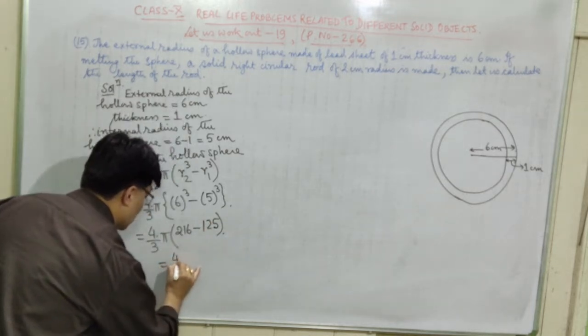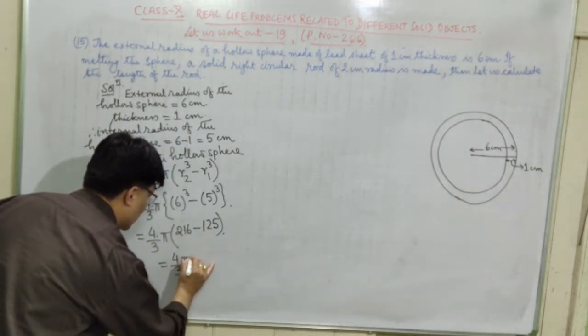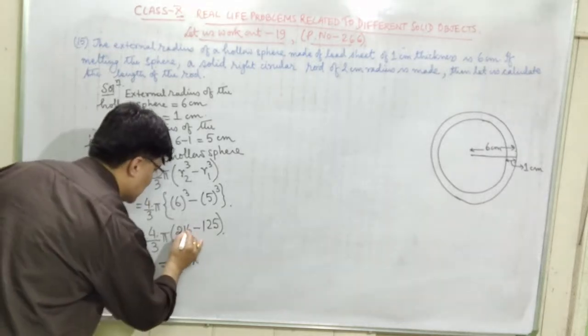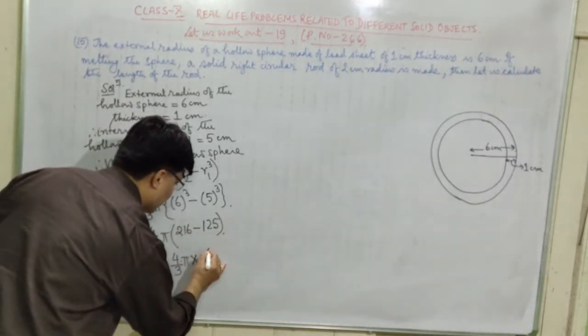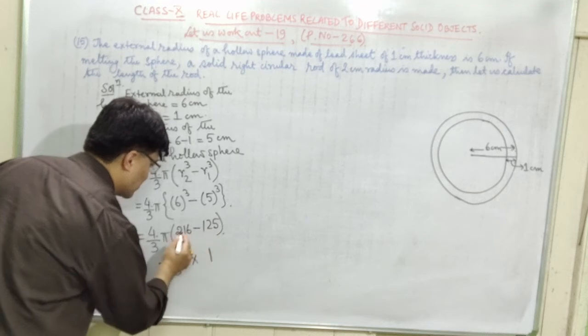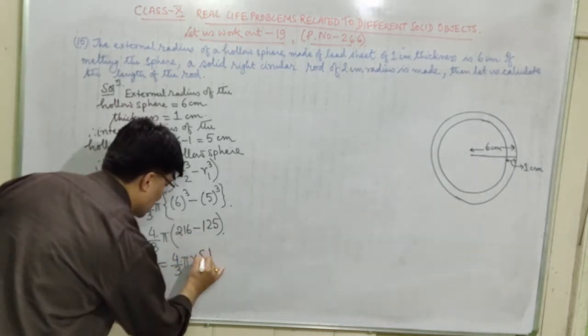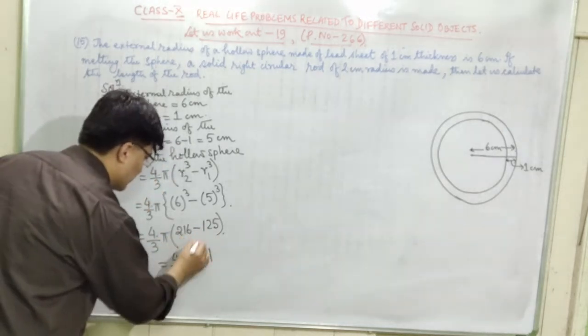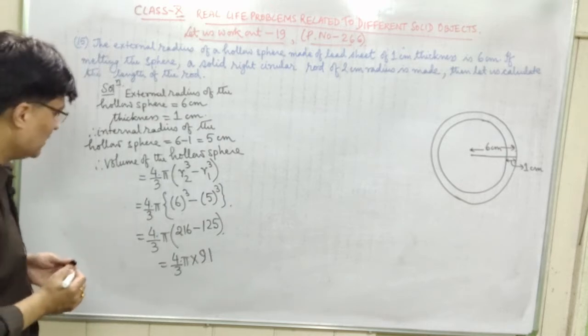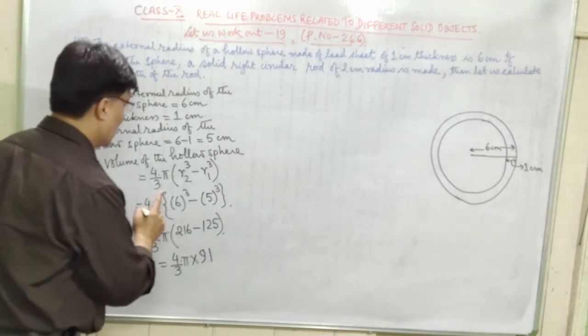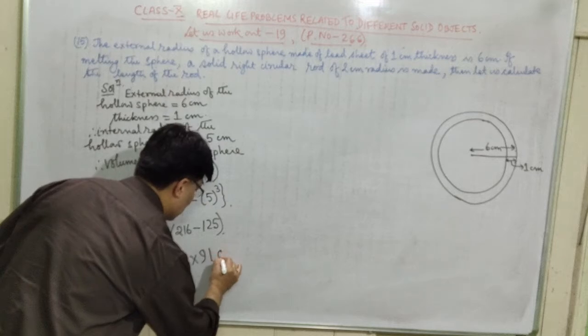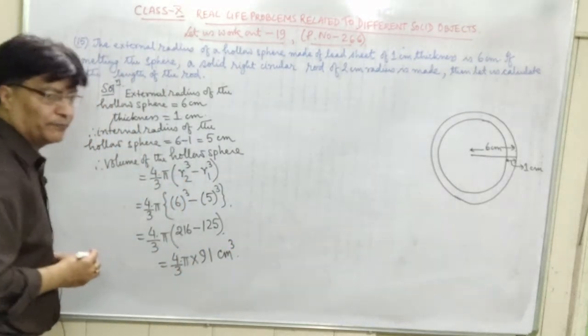So this is 4/3 pi into, let us subtract it: 6 minus 5 is 1, 6 minus 5 is 1, now 11 minus 2 is 9, and 1 minus 1 is 0. Okay? So that is this much cubic centimeter.